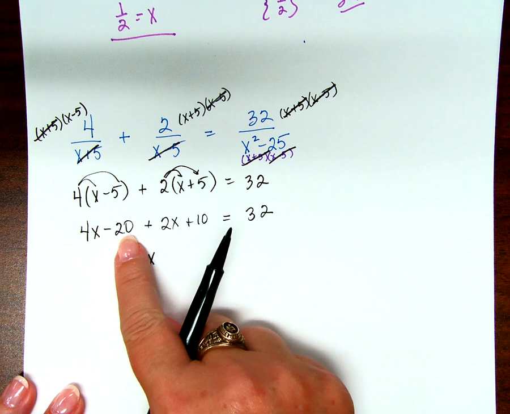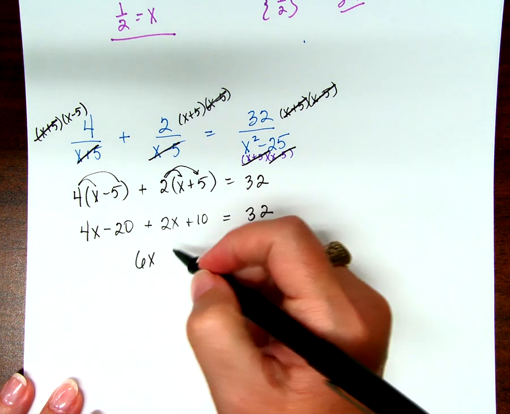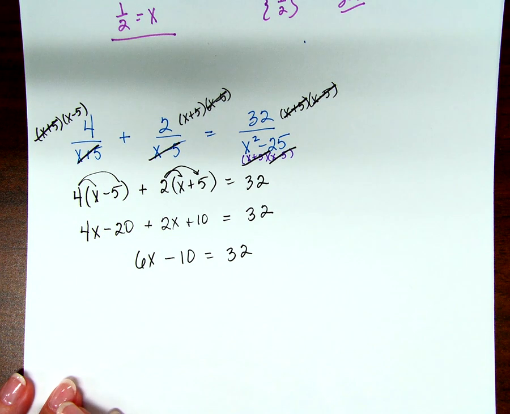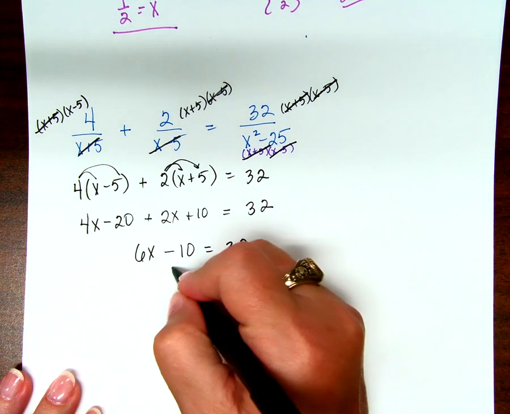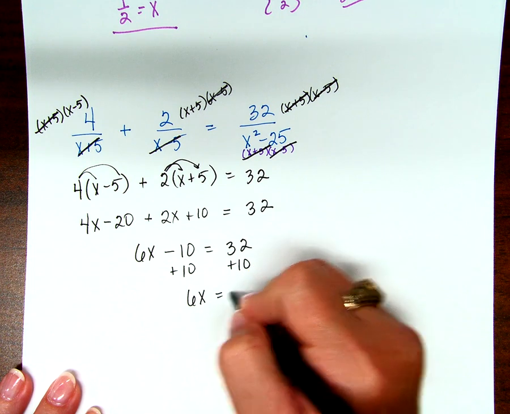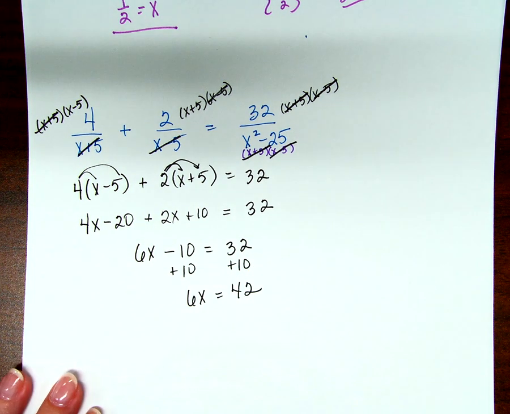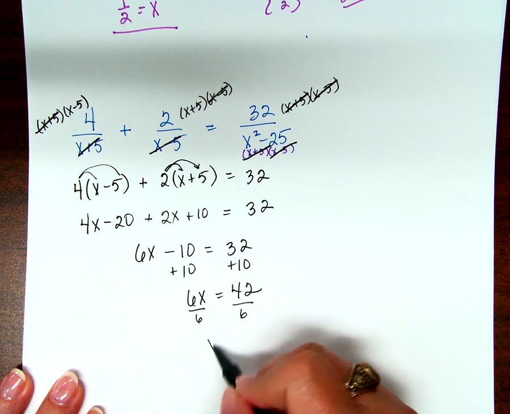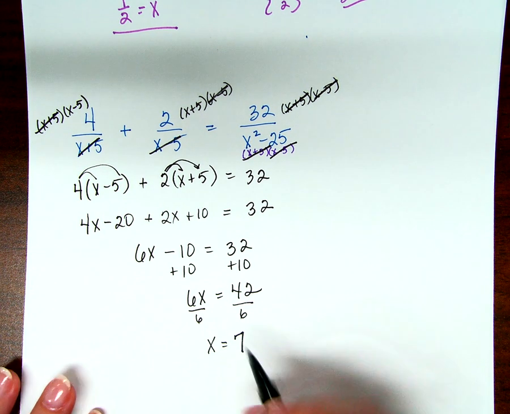You have negative 20 and positive 10, which is negative 10 equals 32. When you add 10 to both sides, 6x equals 42. And when I divide both sides by 6, x equals 7.